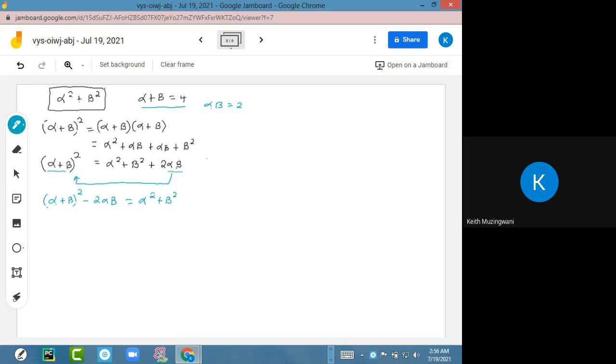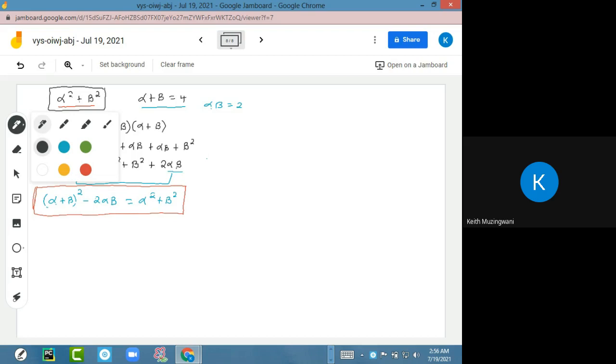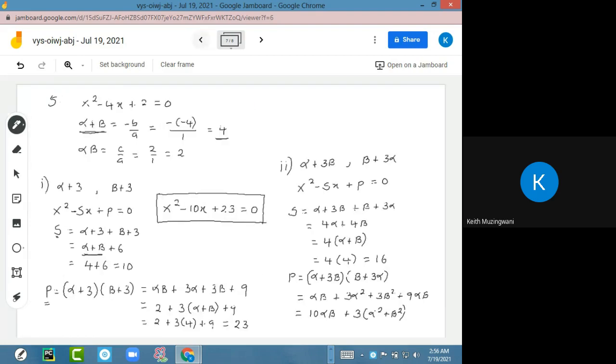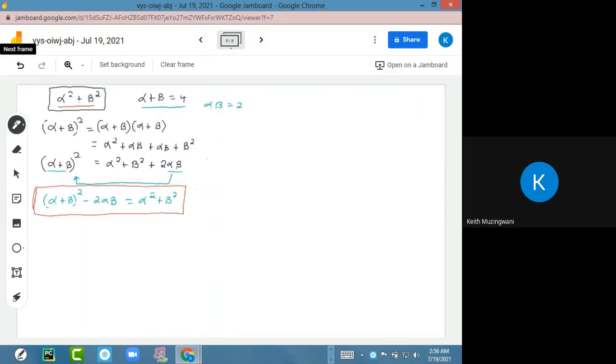So what we are saying is that this is the identity that we must be using whenever we are looking for this. Meaning, when you go back to our question, where there is alpha squared plus beta squared here, we'll bring it after evaluating this.